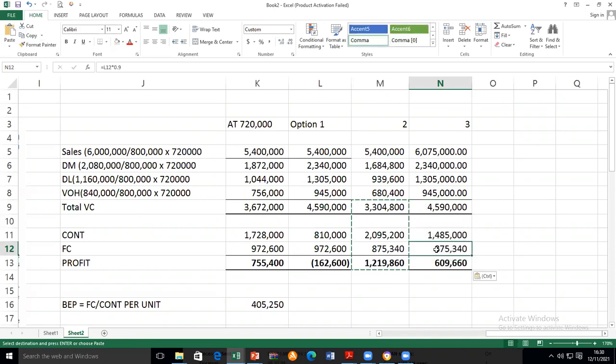Increase fixed by 5%. No, sir. The fixed costs are supposed to decrease by 5%. Okay, so we pick that, multiply by 0.95. Is that okay now? Yes.